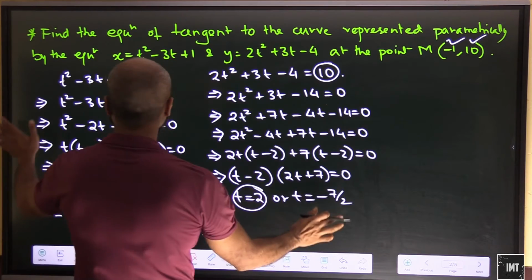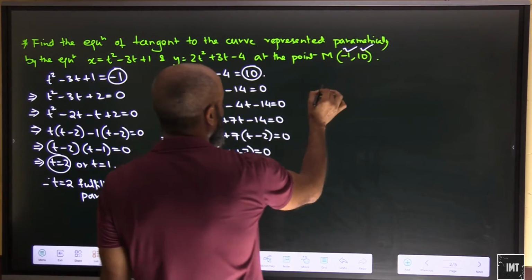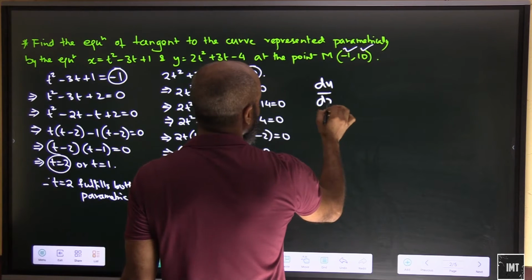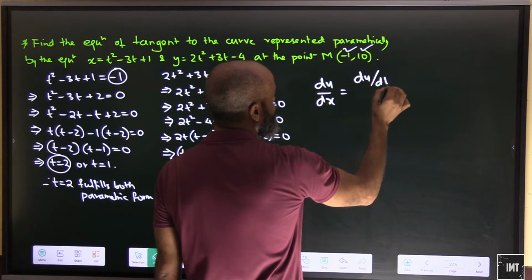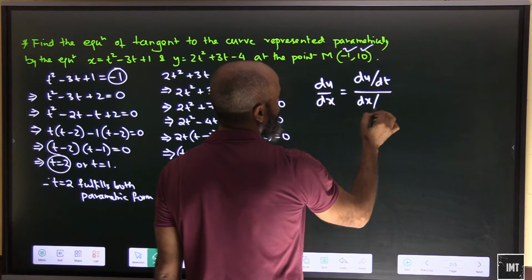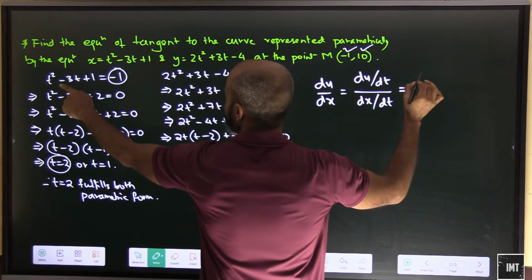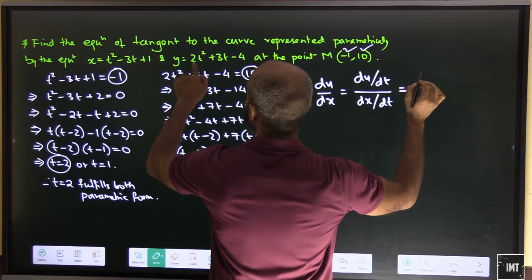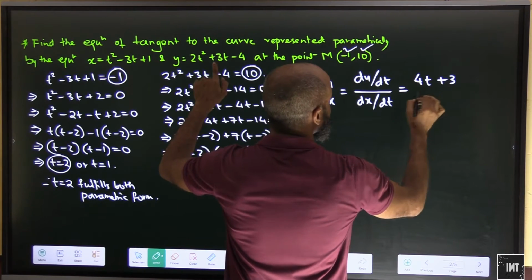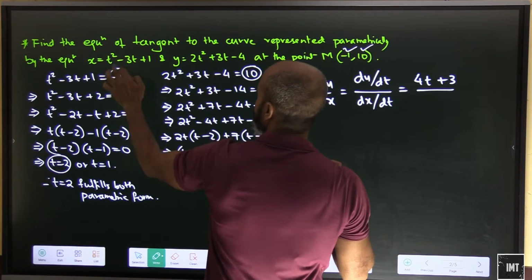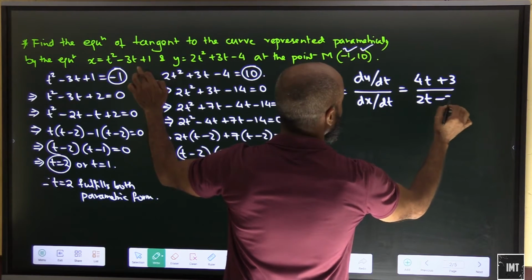Okay, so now if we calculate dy by dx, what will be dy by dx? dy by dx will be equal to dy by dt upon dx by dt, obviously. So dy by dt will give us how much? Differentiating, this will be 4t plus 3, and dx by dt will give us 2t minus 3.